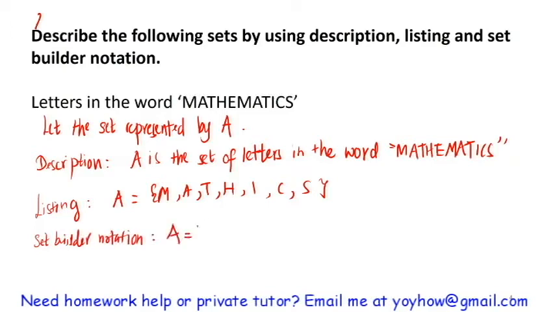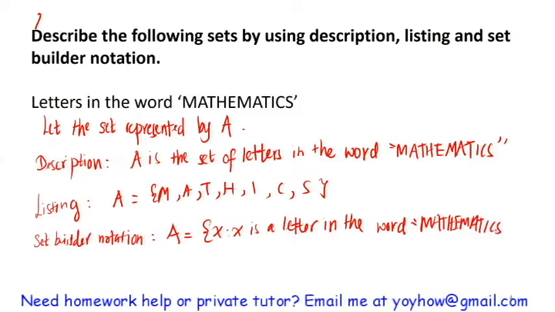A equals to, we must start with x and then a colon, x is a letter in the word mathematics, and then we close the bracket. So that is how we describe our set. We have three types: descriptions, listing, and set builder notation.